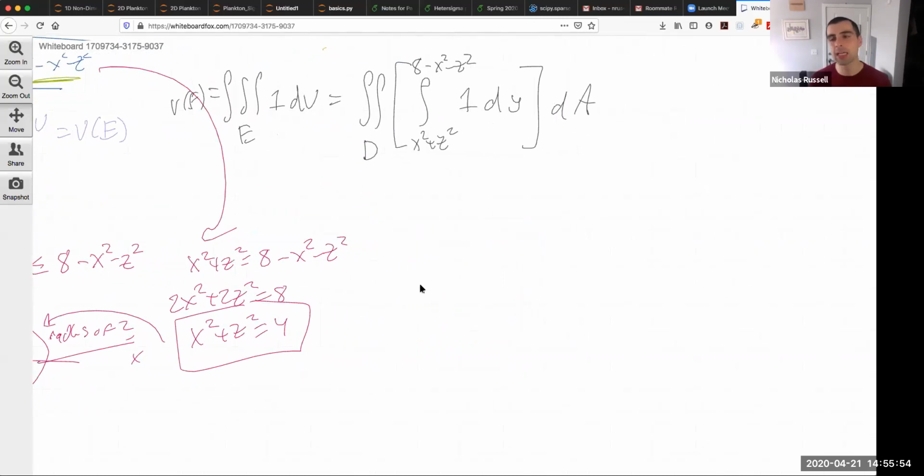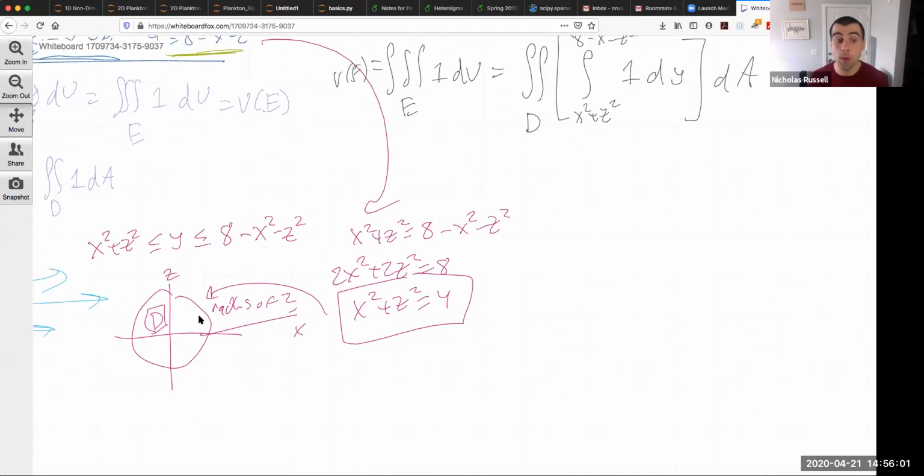Now, why am I writing it like this? You might say to yourself, hey, Nick, why can't I just go ahead and write this in polar and then go here? That is kind of also part of section 15.7 in terms of cylindrical coordinates, but this actually is not even cylindrical coordinates, because cylindrical coordinates makes z equal to z, and x and y then get changed to polar.